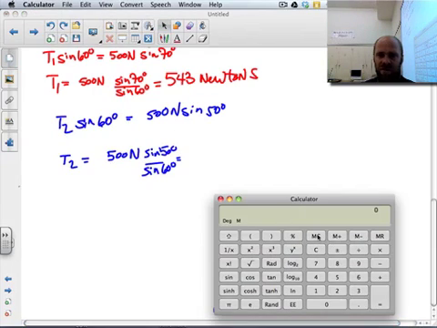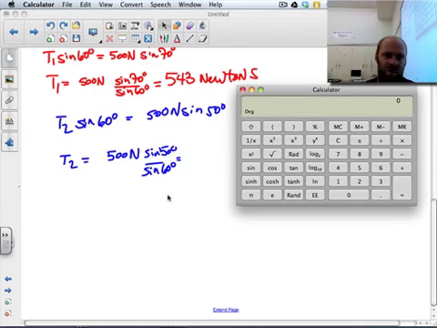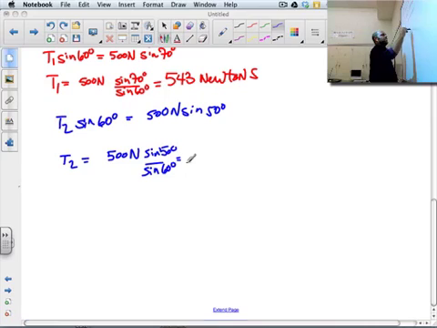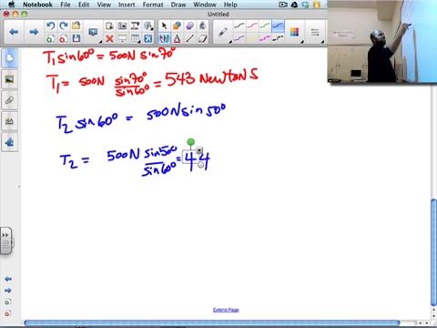Let's clear everything. Now I will do the denominator first. 60 degrees sine, 1 over that, add it to memory. Then I'll do the numerator, 50, take the sine, times 500, and then multiply what I've got in memory, and that's 442 newtons. So T2 should be about 442 newtons.